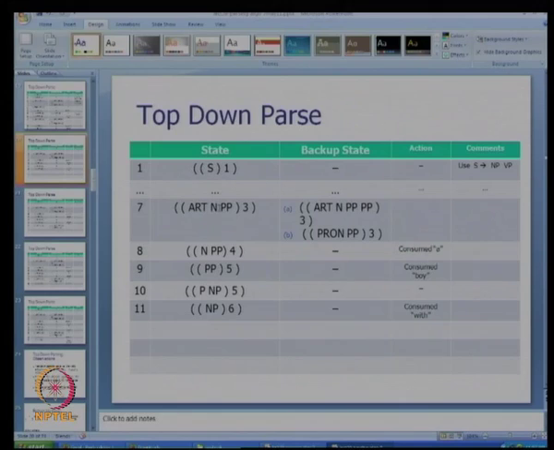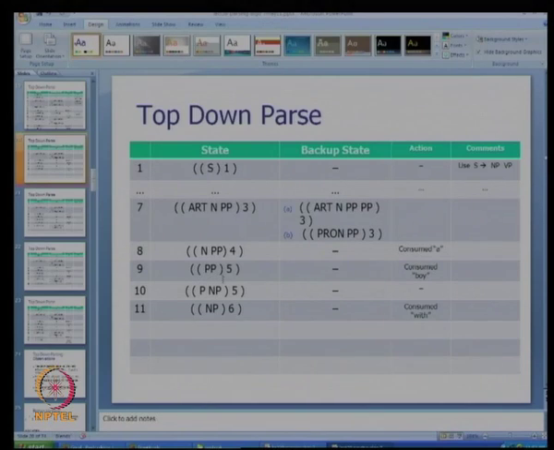Now, we have article, N and PP, and the input pointer is at 3. Backup states are article N PP with input pointer at 3, pronoun PP at input pointer at 3. Again, we consume A, that brings NPP with 4 for the input pointer position.